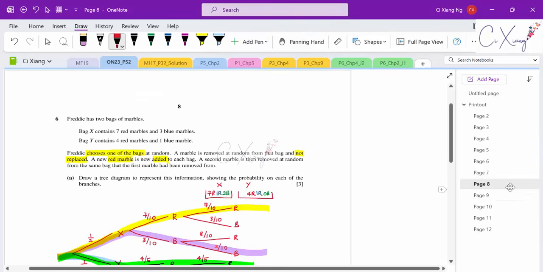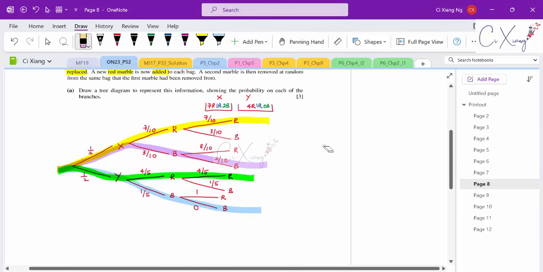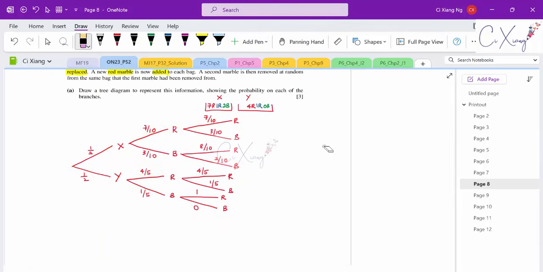You can still use the tree diagram to help you. So I think for this question, right, the tree diagram basically is very important because it will actually affect all your result later. Okay, so now they said, I know Y is chosen, intersect with both not the same color. So that means they happen at the same time. So you are having Y, and then the marbles that you choose not the same color.